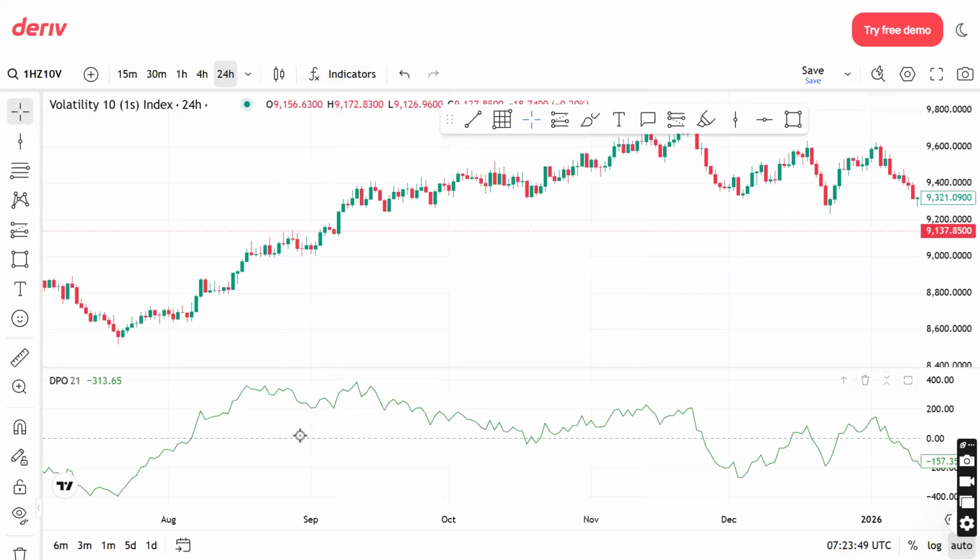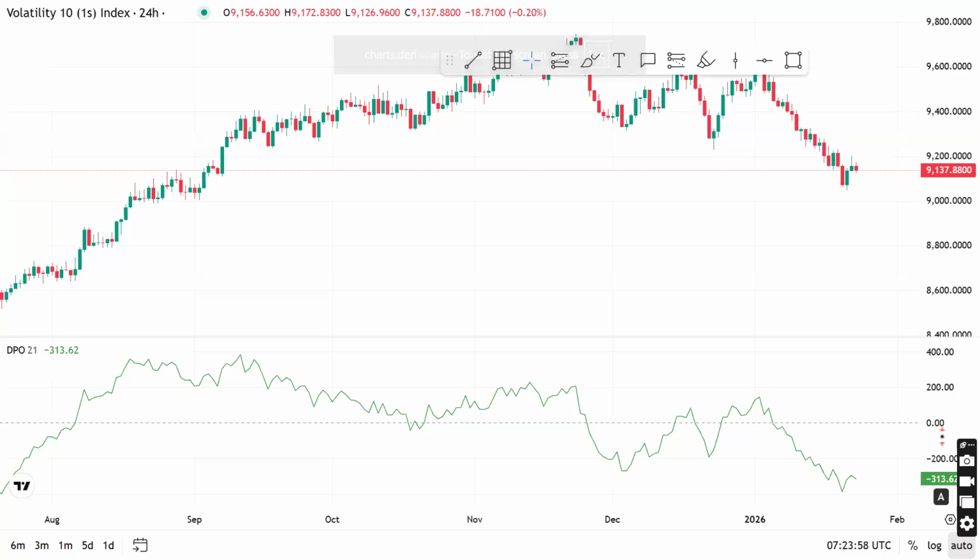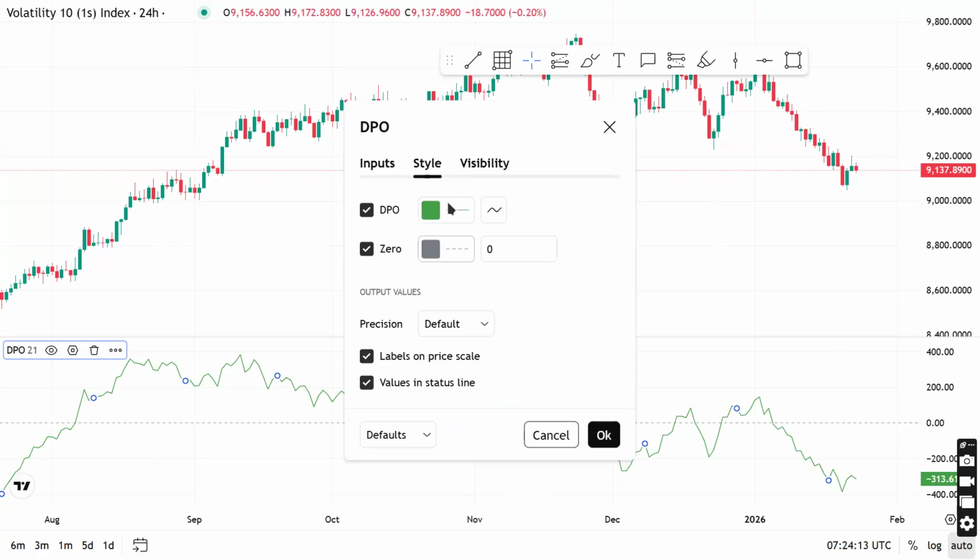Now, when I click on it, there is something peculiar about this tool which you must understand. It has a 0.00 figure over here with a line in the middle. You can see this line here. So I'm just going to double click on the indicator to look at it, the zero line.